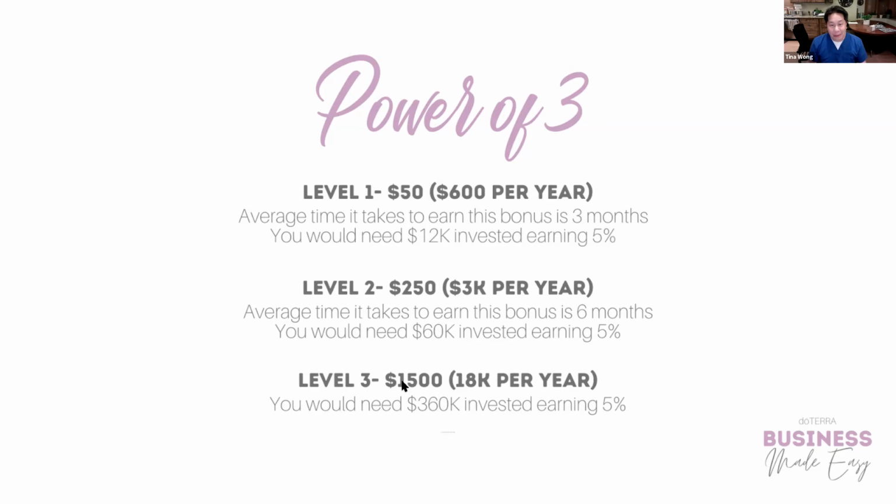And this bonus right here does not depend on the stock market, whether it's up or down. And it doesn't depend on whether that company is giving dividends or not. It is given to you every month if you have the right structure and if you help your team grow.